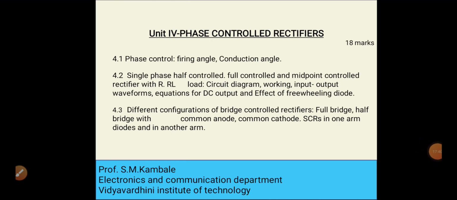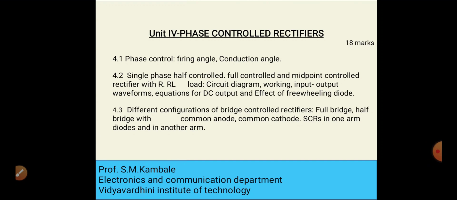Now as we already discussed about controlled rectifiers and uncontrolled rectifiers, the rectifier circuit using diode, which converts AC into fixed DC, is called an uncontrolled rectifier.